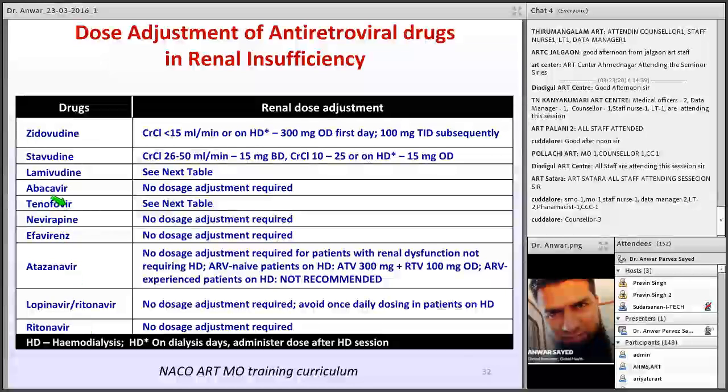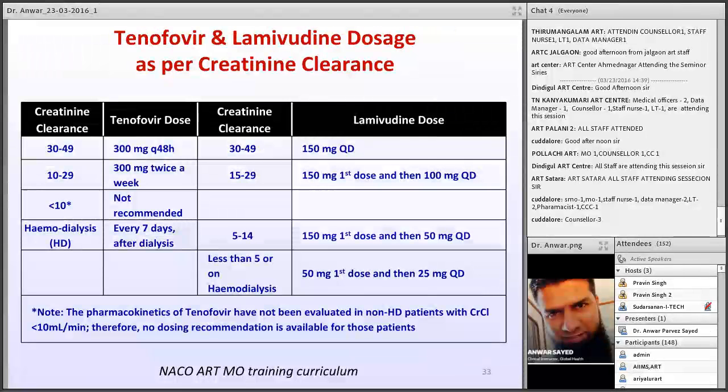So this is how it is adjusted based on creatinine clearance, and of course you will need to have the combination or separate individual drug available with the COE in case you need to give it. For tenofovir and lamivudine as per creatinine clearance, if creatinine clearance is 30 to 49, tenofovir is 300 milligram every 48 hours, and lamivudine is 150 milligram OD.